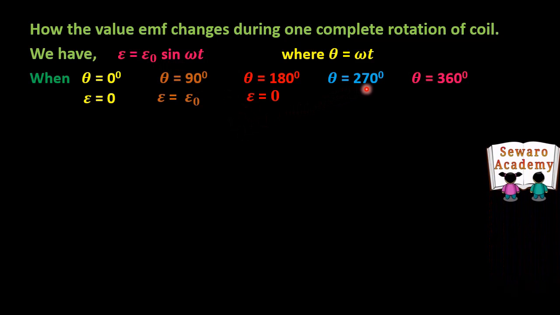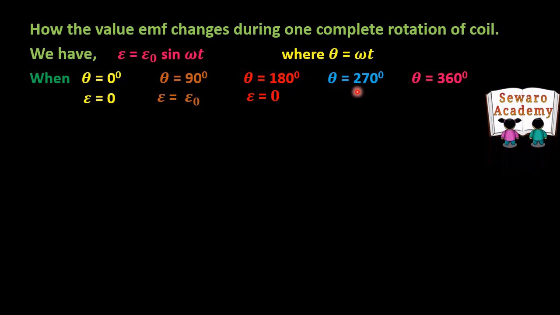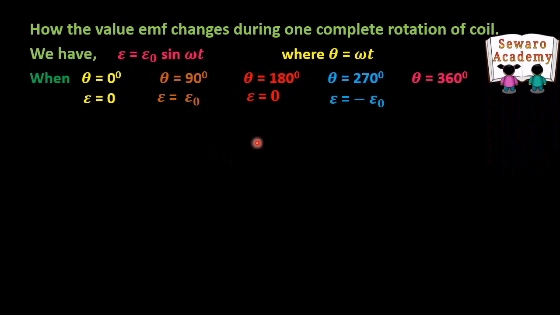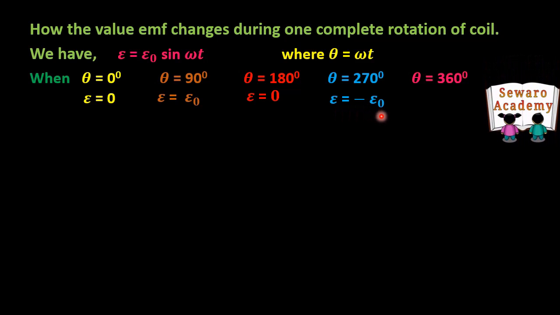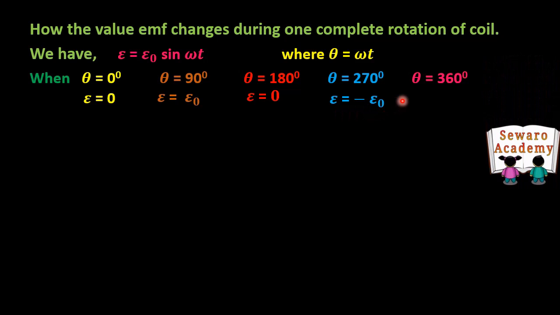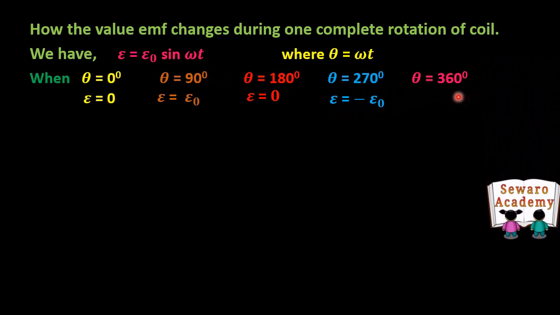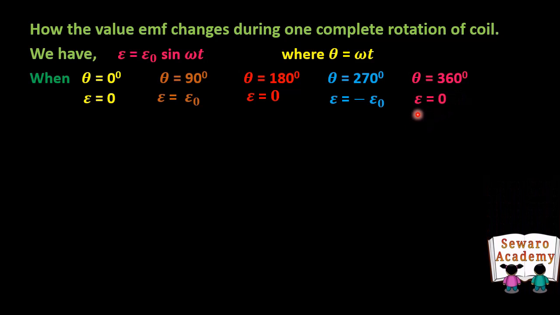When theta equals 270 degree, sine 270 degree is minus 1, so we get EMF equals minus E naught. This is the maximum EMF on the negative side. And when theta equals 360 degree, sine 360 degree is 0, and here we also get EMF 0.